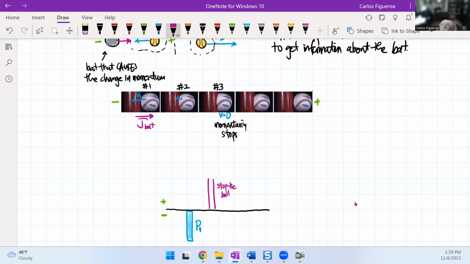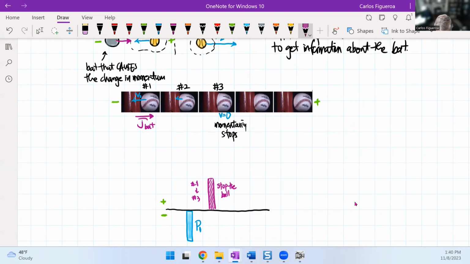So this is frames 1 to 3. I'm going to draw this, but it's really all the same curve here. So part of the impulse is to stop the ball, frames 1 to 3.